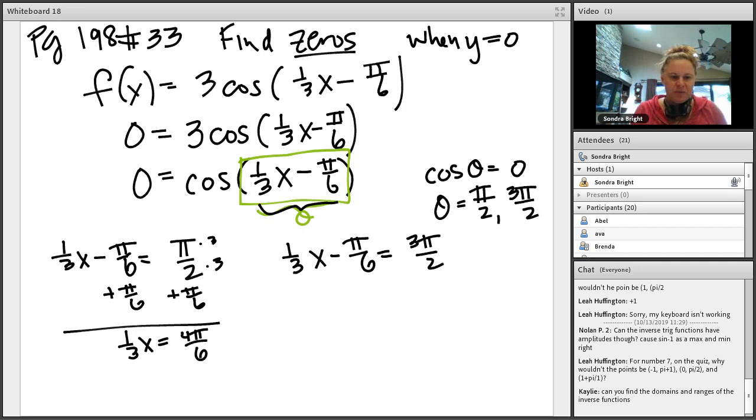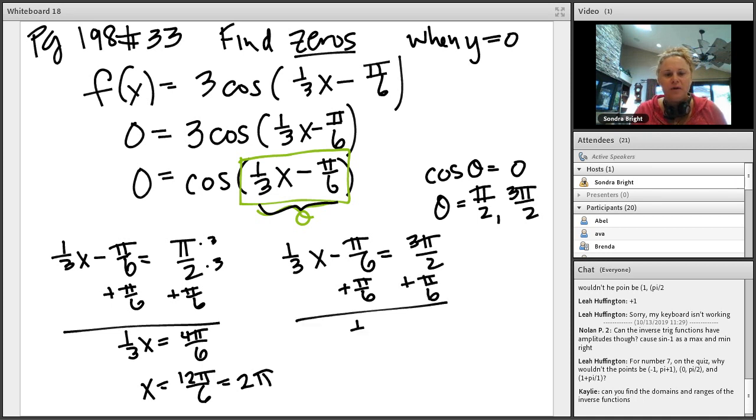And then multiplying both sides by 3 would give you 12 pi over 6, which ends up giving you a 2 pi. And then do the same thing here, adding pi over 6. You'll have 1/3 x is 9 pi over 6 plus 1 pi over 6 is 10 pi over 6. Multiplying both sides by 3 would give you 30 pi over 6, which is a 5 pi.